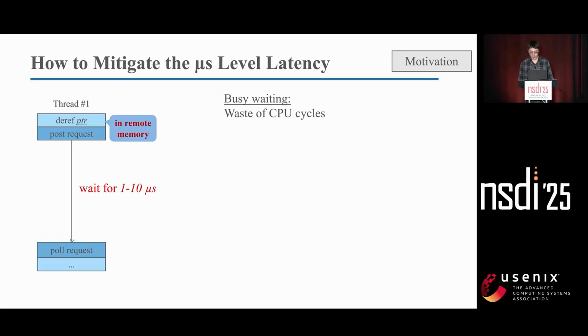When the application accesses an object in remote memory, it dereferences a remoteable pointer. The runtime issues a network request, and the application must wait for several microseconds to receive the data, and this is a waste of CPU time.